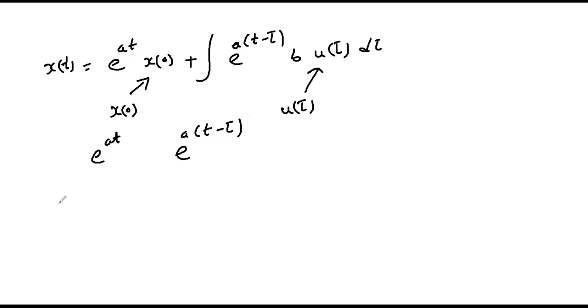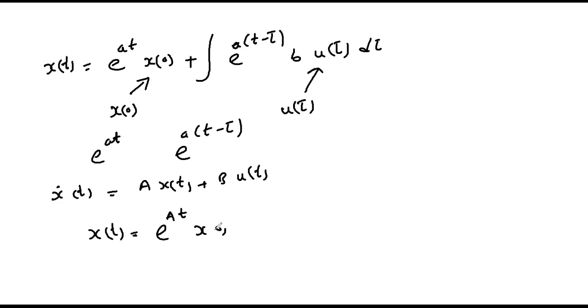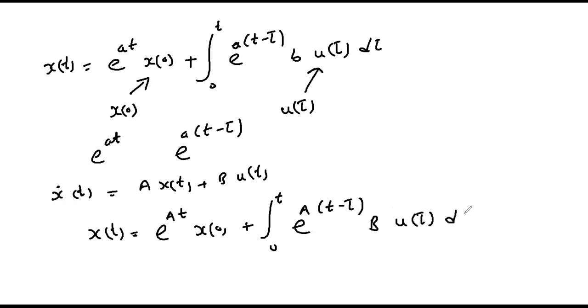If we extend this or compare this with the state equation where A and B are matrices, that is x dot of t equals A x of t plus B u of t, then the solution will take the form of x of t equals exponential At x of 0 plus the integral from 0 to t of exponential A, capital A, into t minus tau, B, capital B, for a matrix, and u of tau d tau.